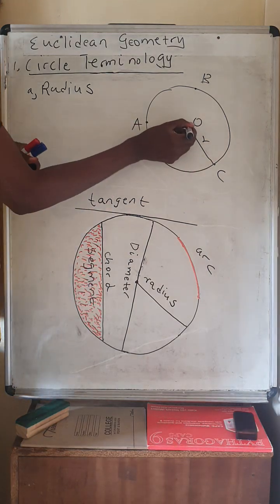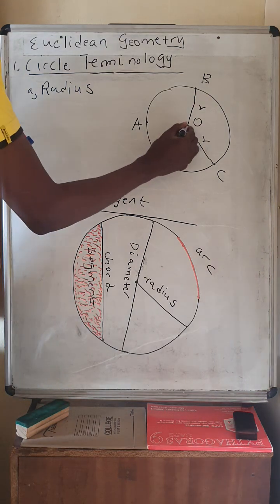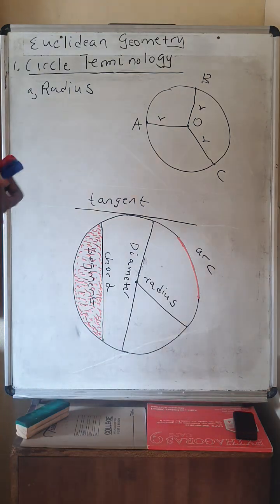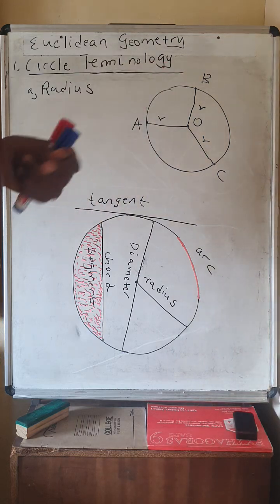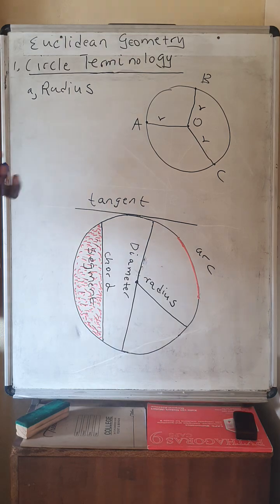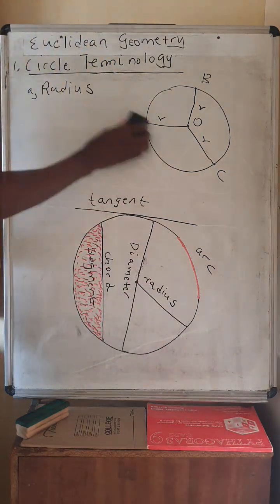I can also have my line drawn like this, and this will also be a radius. As long as I've got a line that is drawn from the center of a circle to any point along the circumference, that will be a radius.